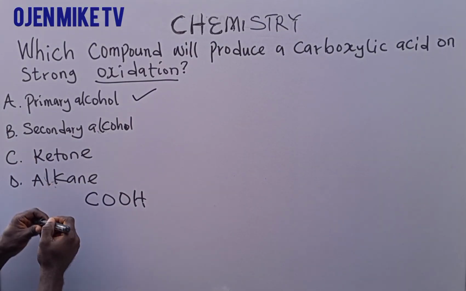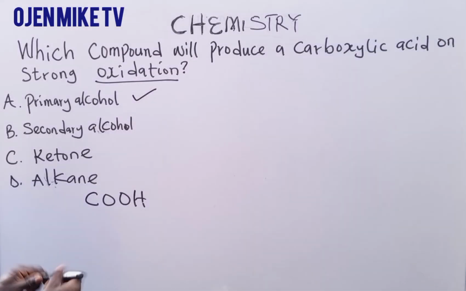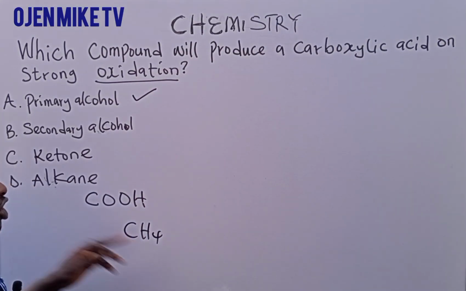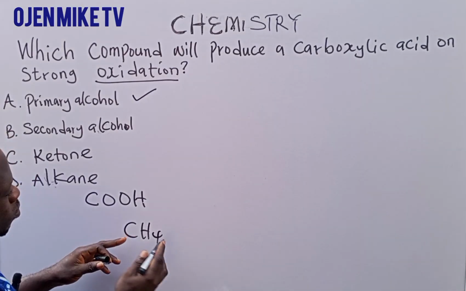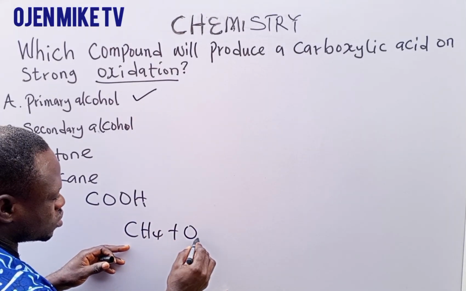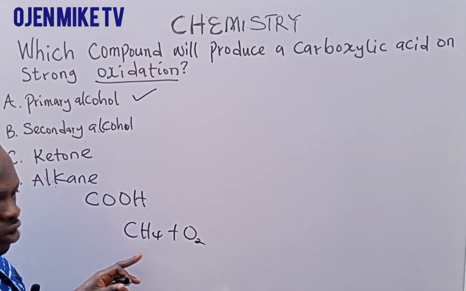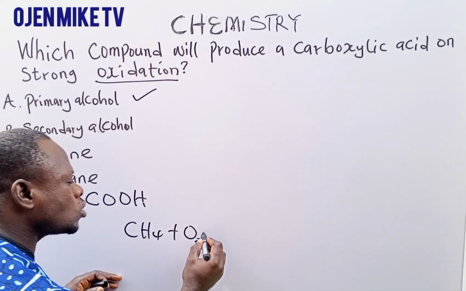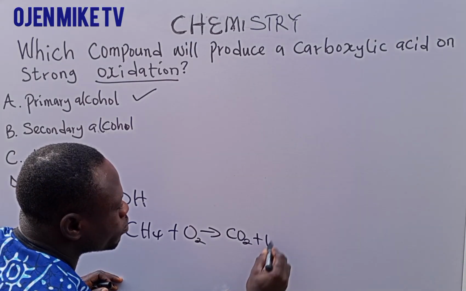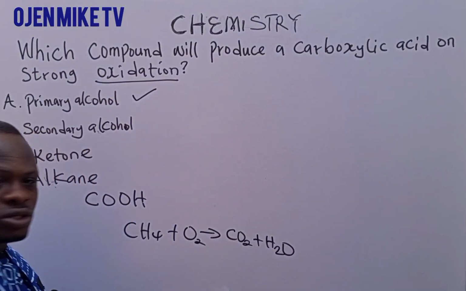In alkane, we take an example like methane, CH4. When you add oxygen to this, what you get is carbon dioxide plus water.